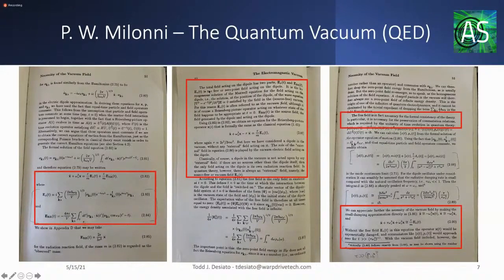The total field acting on the dipole has two parts, E naught and E_RR. E naught is the free 0-point field acting on the dipole. It is the homogeneous solution of the Maxwell equation for the field acting on the dipole, the solution at the position of the dipole. And it's satisfied by the field in the source-free vacuum.